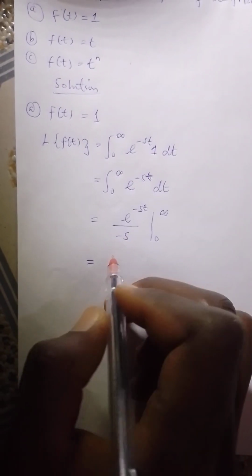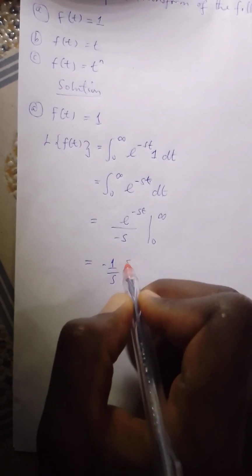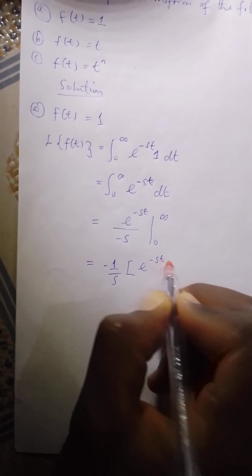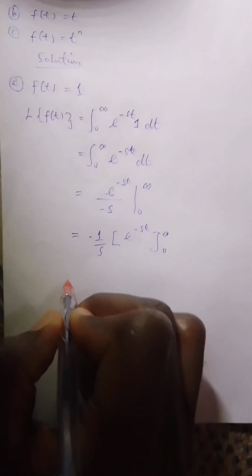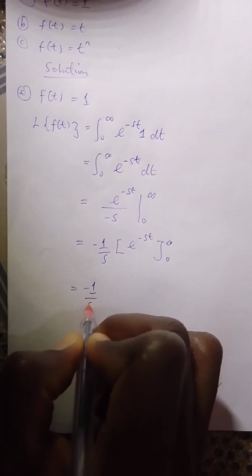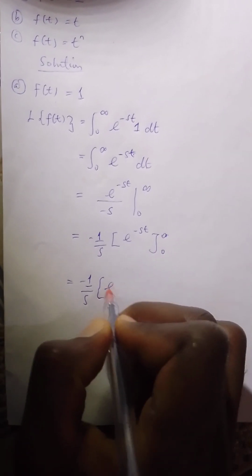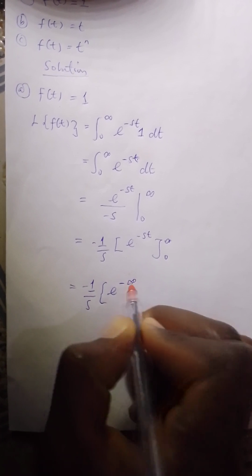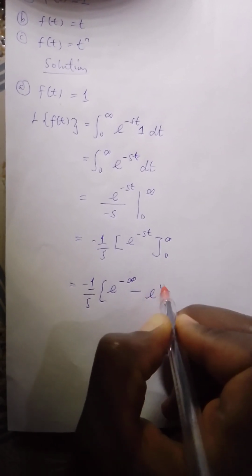Now let's bring minus 1 over s outside, and leave exponential minus st inside the bracket. So we have minus 1 over s times the upper limit exponential minus infinity, which is 0, minus the lower limit exponential 0.